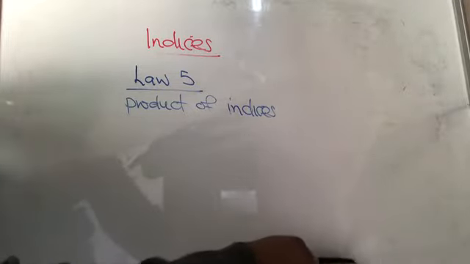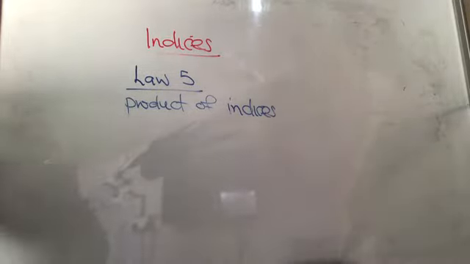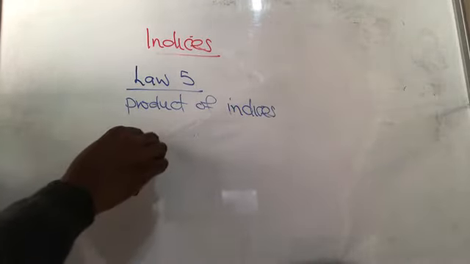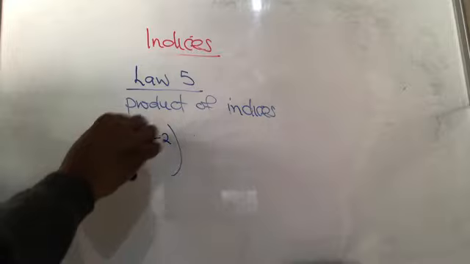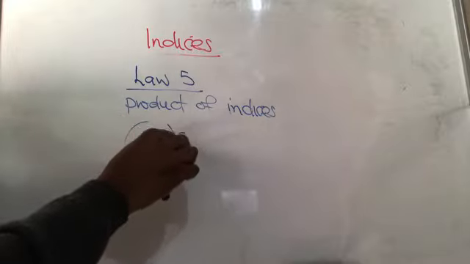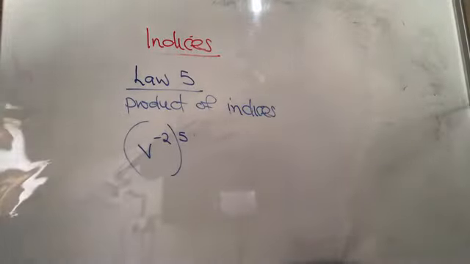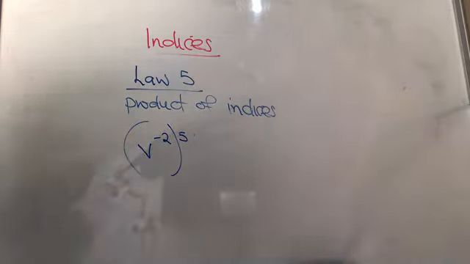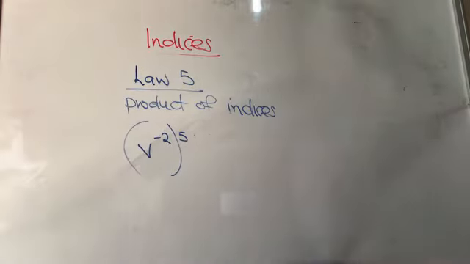I hope you're getting this. Maybe you can have a number like v, an unknown, to the power minus 2, all raised to the power 5. Typical example of how law number 5 can be applied. So v to the power minus 2, to the power of 5.